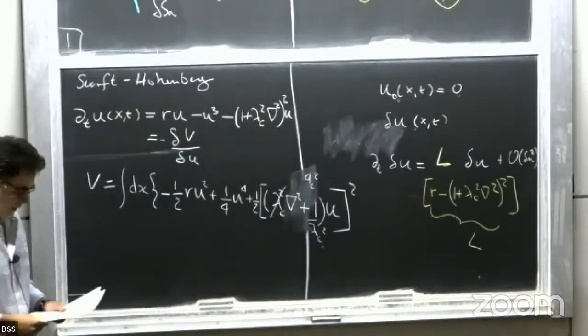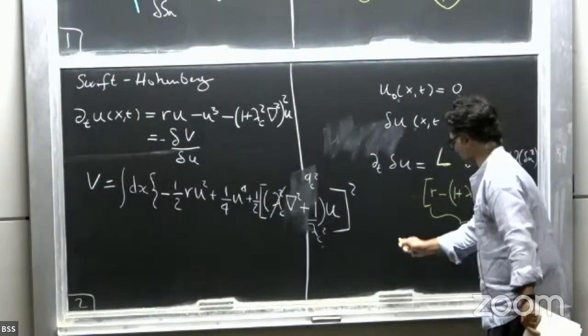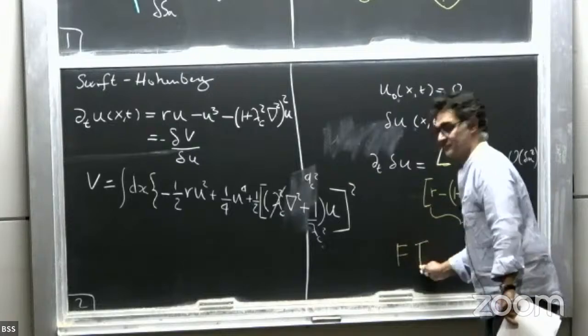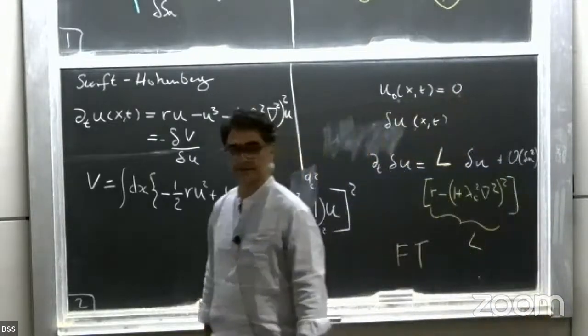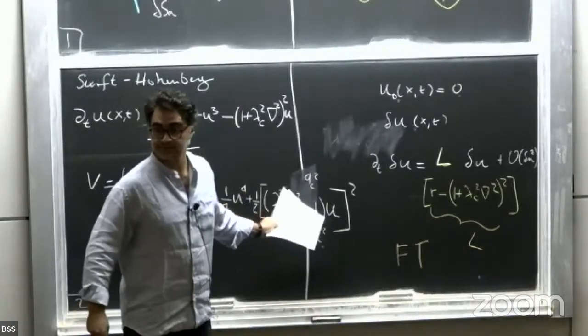Now what I'm going to do is Fourier transform, as you were doing yesterday. I want to know how each mode grows, because modes of different q could grow at different rates, since there are Laplacians.